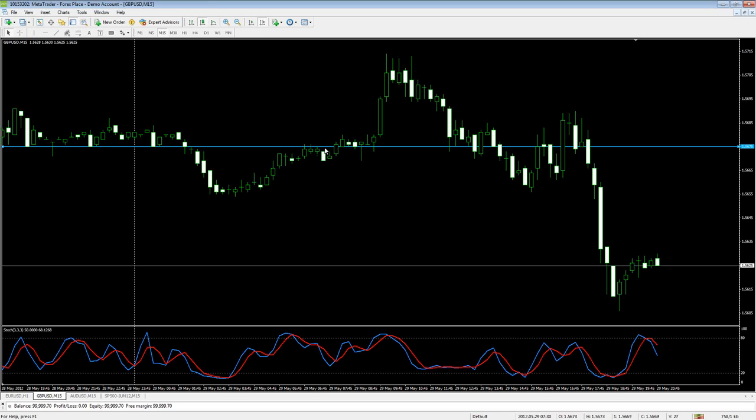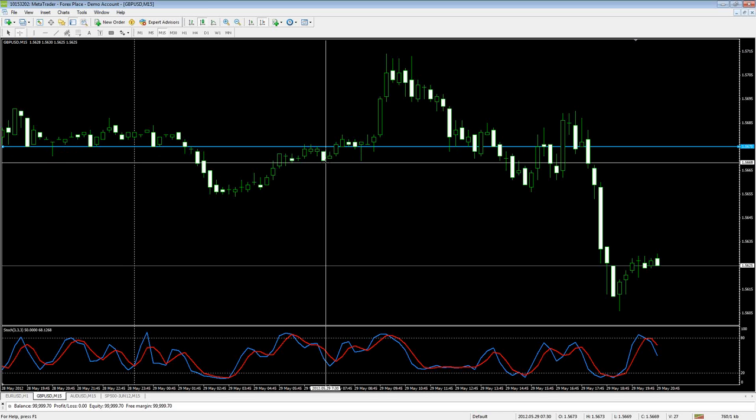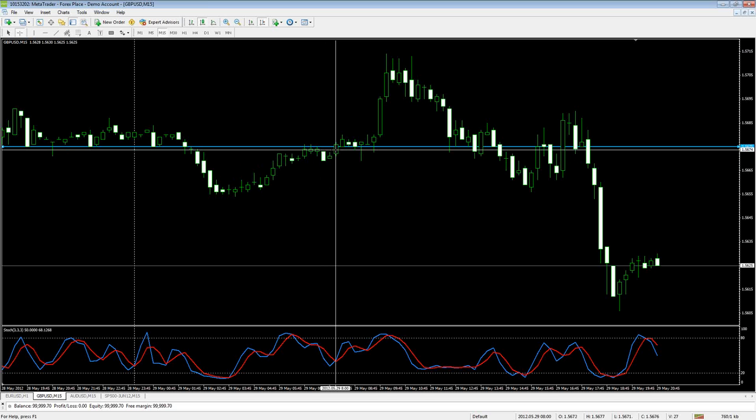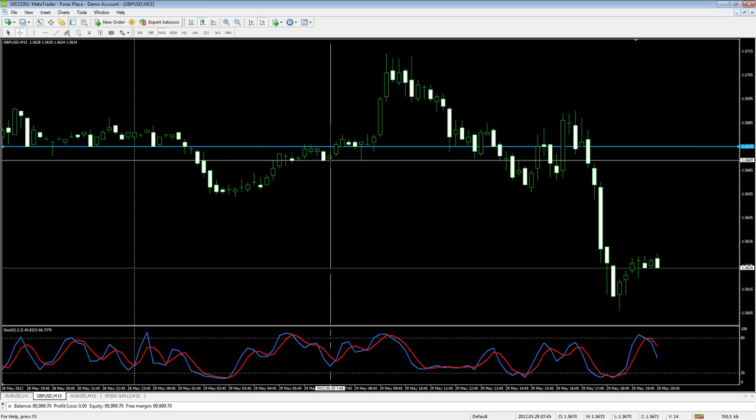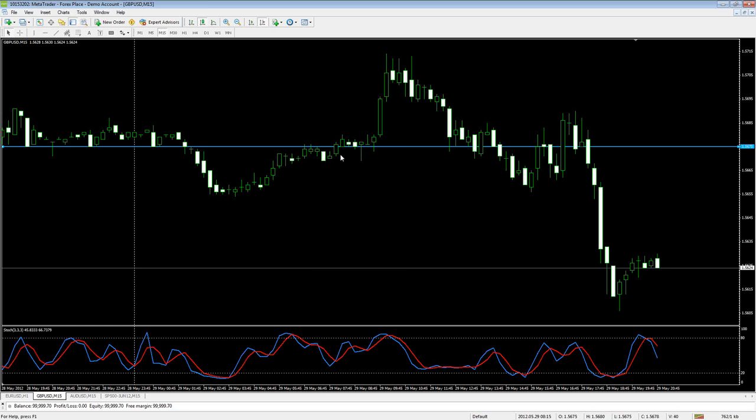There are some hesitation candles, and then I take short. In this case, going short here would probably take me out in a small loss or break even, probably a small loss.